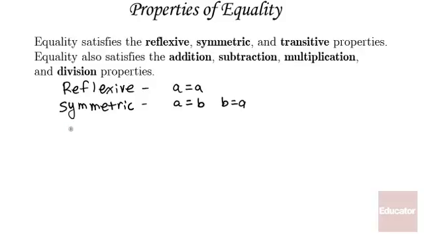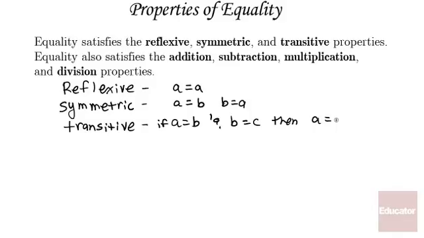Another property is the transitive property. The transitive property states that if a equals b and b equals c, then a equals c. Think of it this way. If a actually was 5, so let a equal 5.